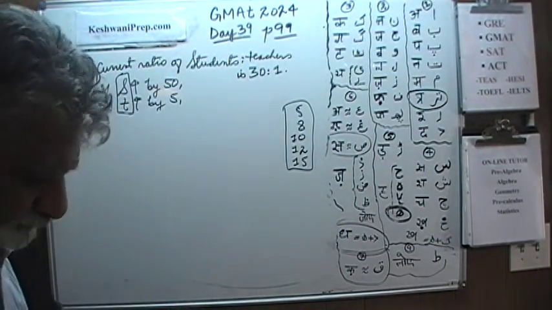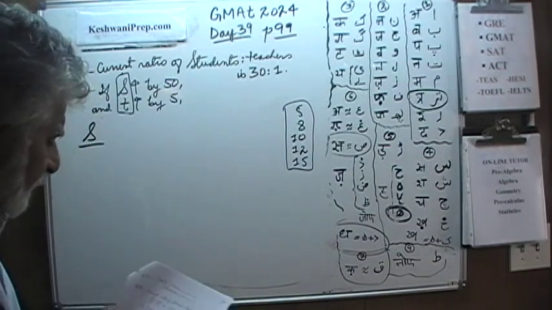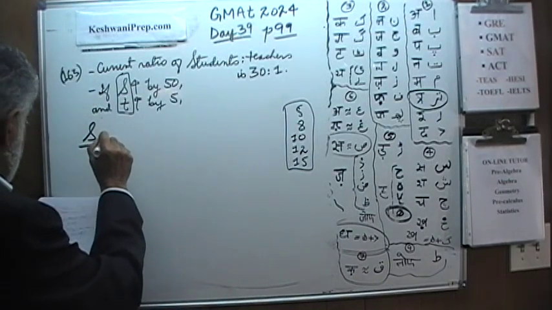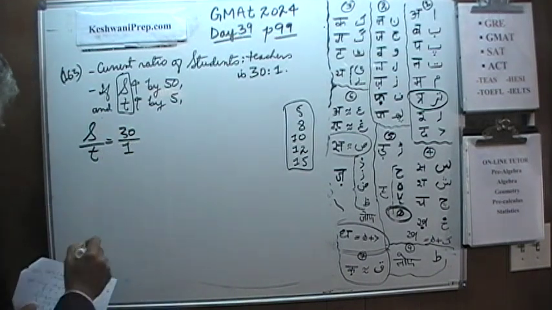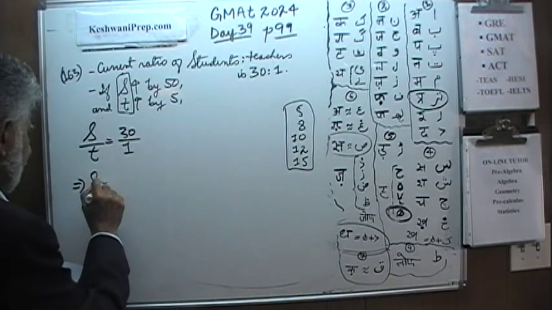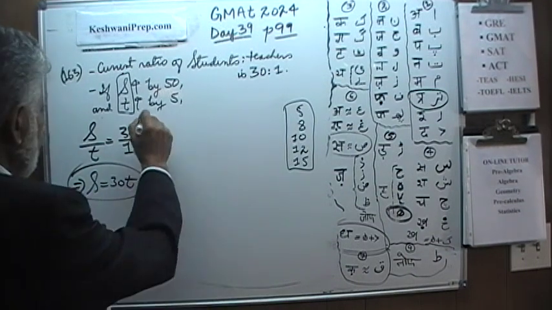Since S represents the current number of students and T represents the current number of teachers, this is what we have to start out with, 30:1. Let's simplify this. That implies that S has to equal 30T. Because we're going to have to use that in a second.